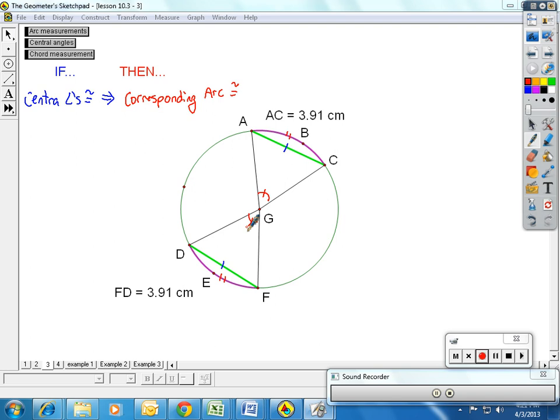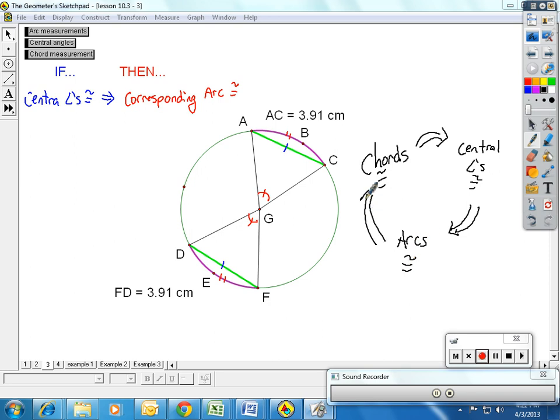So let me write this like this. If I have chords congruent, that implies I've got central angles congruent, which implies that I've got arcs congruent, which implies that I've got chords congruent, and it works in the opposite direction as well.